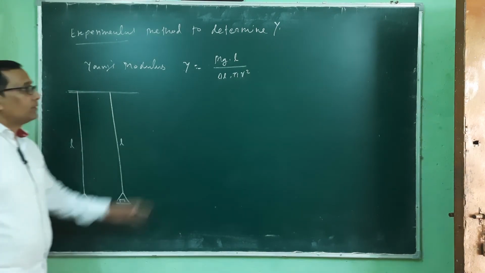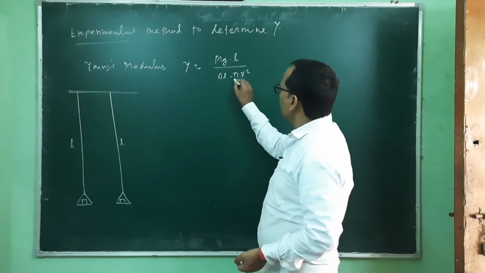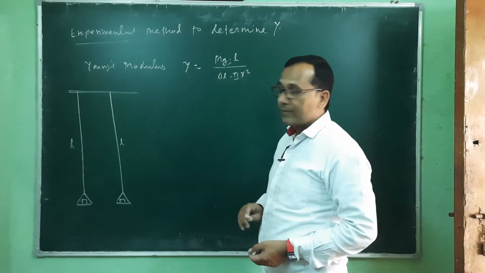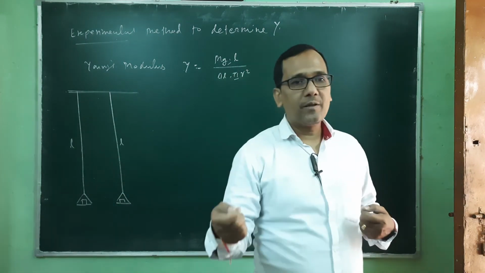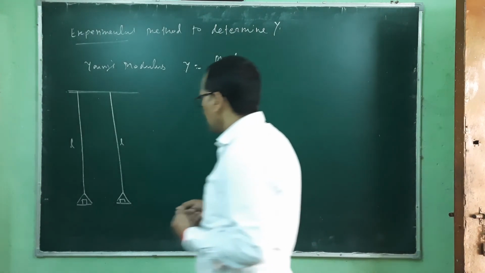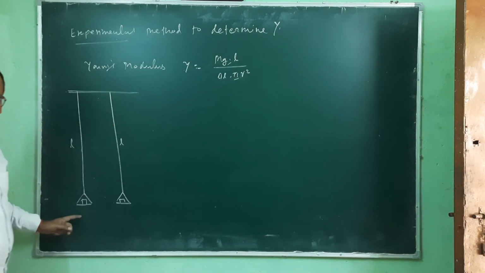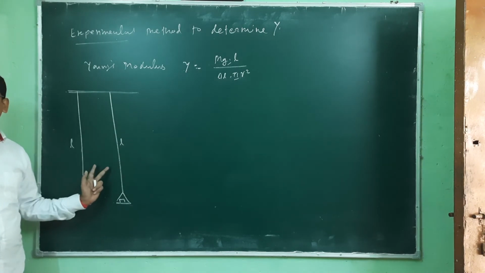Second, Y is equivalent to mgL over pi r squared times delta L. Pi is a constant. The original length, the initial length of the wire, can be measured using a meter scale. So length is okay. The initial mass is just in order to keep the wire straight.